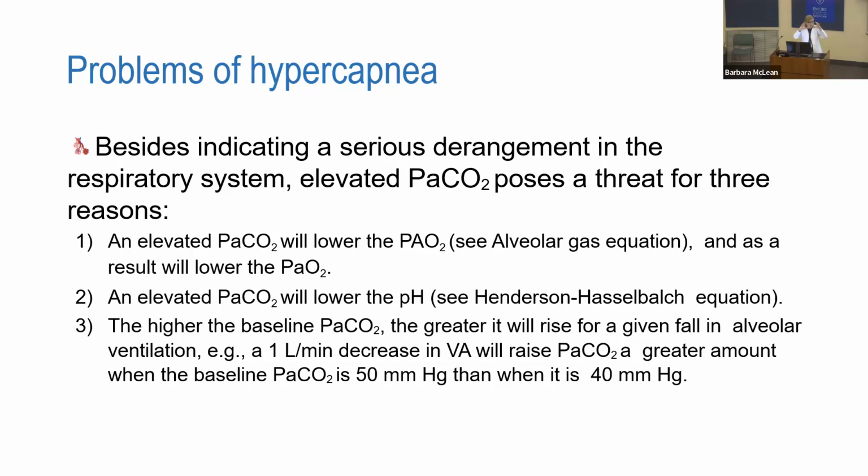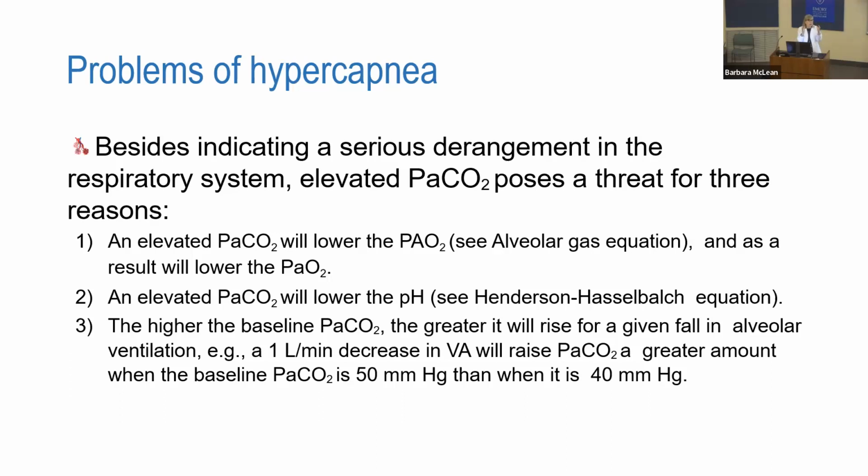Normally, the occupation of carbon dioxide at rest is about 10. That means I have 90 slots for oxygen. But as I start to occupy more space with CO2, so I went from 10 to 50, the spots I have for oxygen goes down. Does that make sense? It's a very simplified way of looking at it.